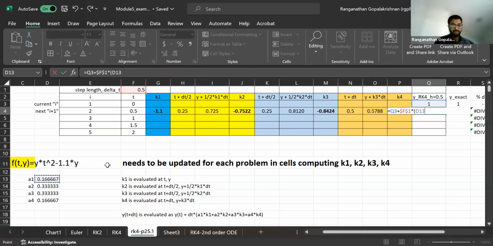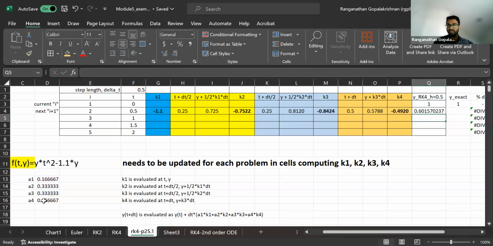I need to lock a1 because it's not going to change, multiplied by k1, plus a2, lock it, multiplied by k2, plus a3, lock it, multiplied by k3, plus a4, lock it, multiplied by k4. I'm going to show you that formula.